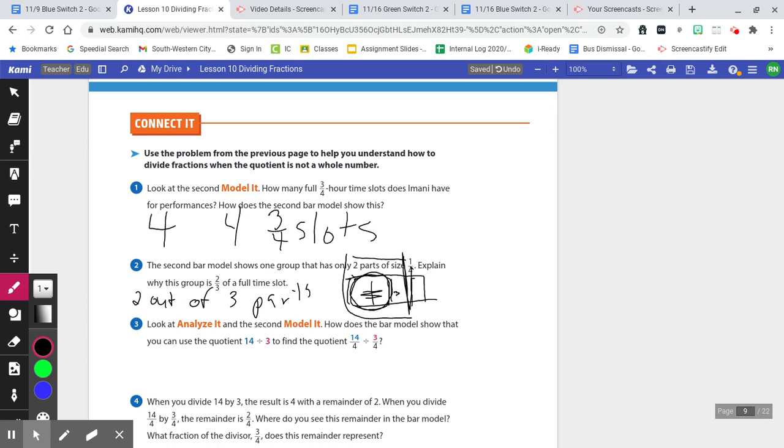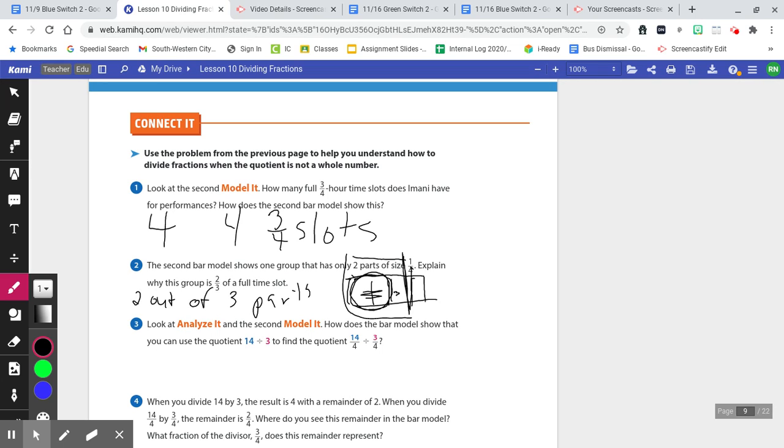The second bar model shows 14 parts of size 1/4 separated into groups of 3 parts. To find out how many groups there are, you divide 14 by 3.